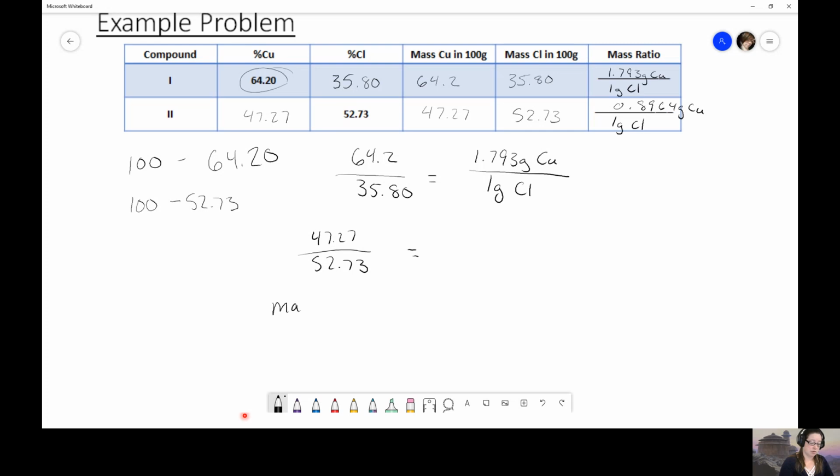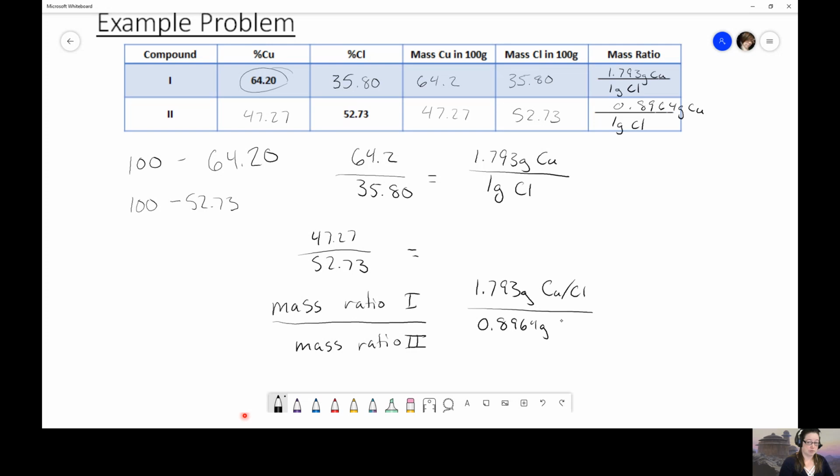So it's just going to be your mass ratio of 1 divided by your mass ratio of 2. And it's going to be 1.793 grams Cu-Cl divided by 0.8964 grams Cu-Cl, and it gives you a ratio of 2.0.